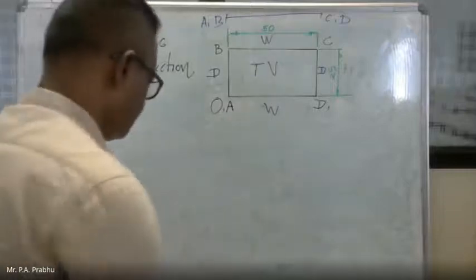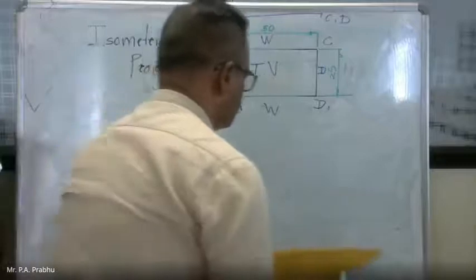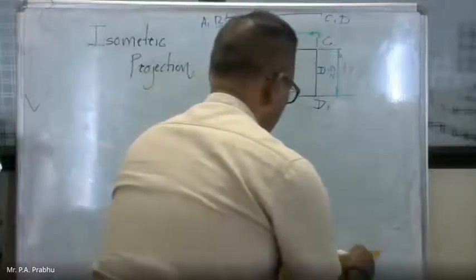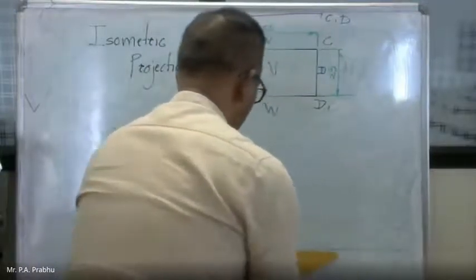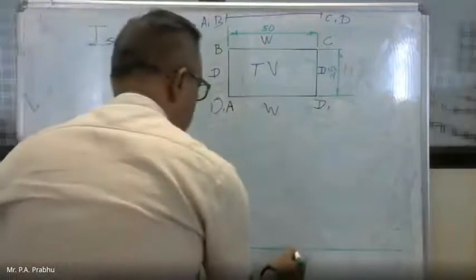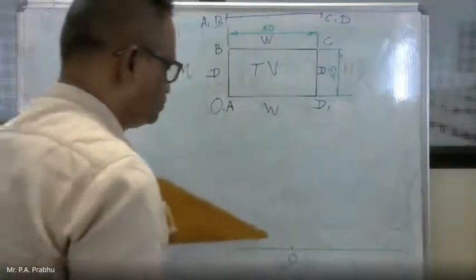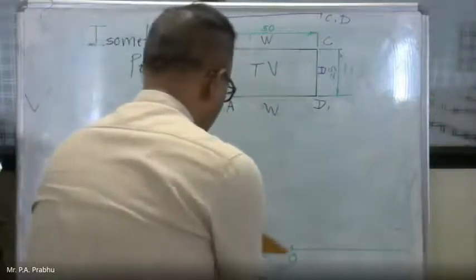Again, same. First draw a horizontal line anywhere, then mark this point O here. Then through point O, on both sides, draw a line inclined at 30 degrees.